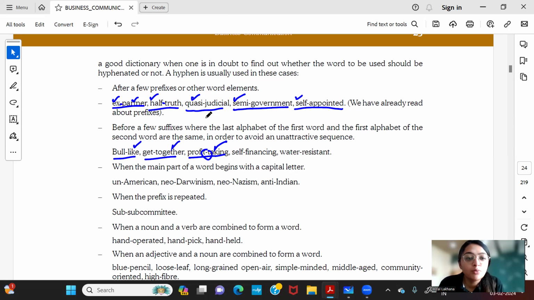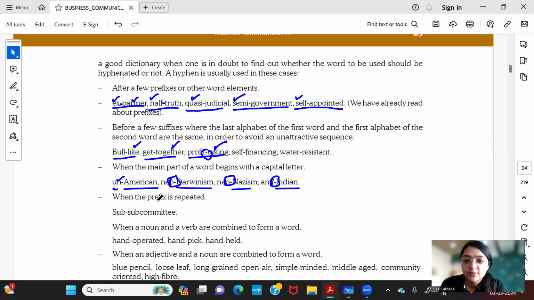So going into more detail, when the main part of a word begins with a capital letter. So if you could see all of these words, they are proper nouns, and obviously a proper noun begins with a capital letter. So if you are adding any prefix before a proper noun, which begins with a capital letter, after that prefix you add a hyphen.